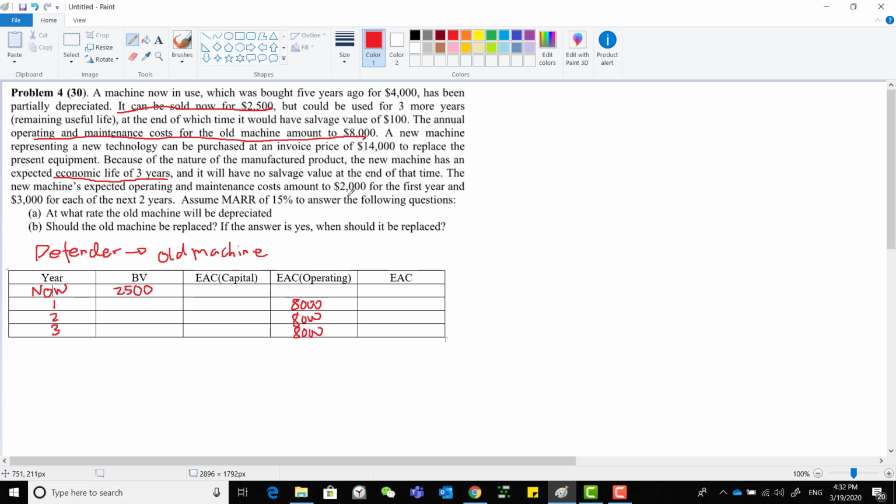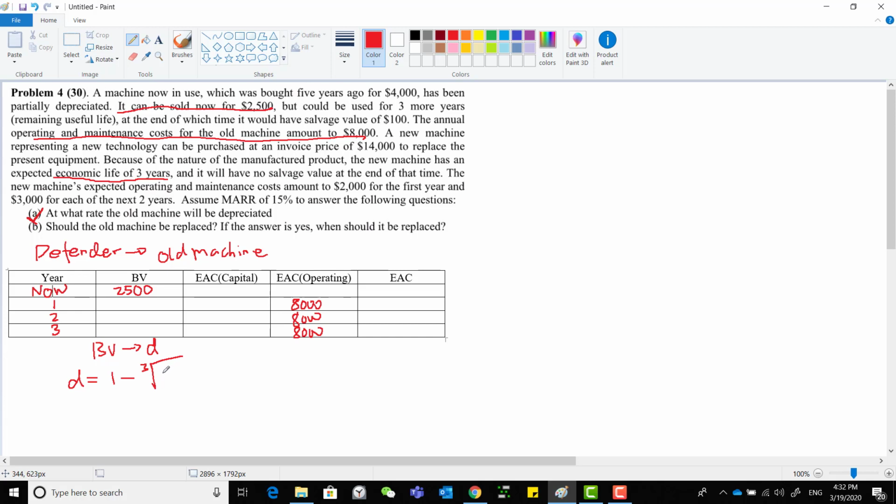So what we're missing is the book value for years 1, 2, 3, and based on that we can calculate our EAC capital. In order to find the book value, we need to find the depreciation rate, which is what the first part of the question is asking.